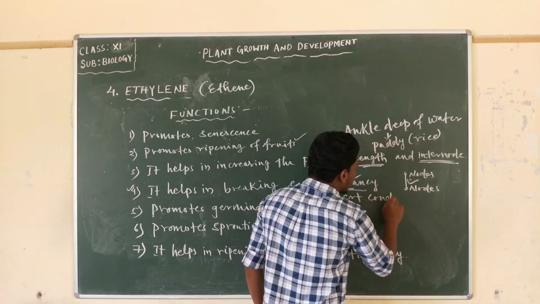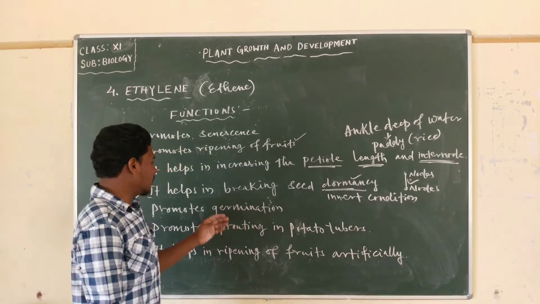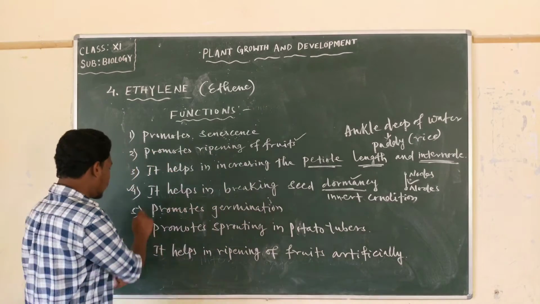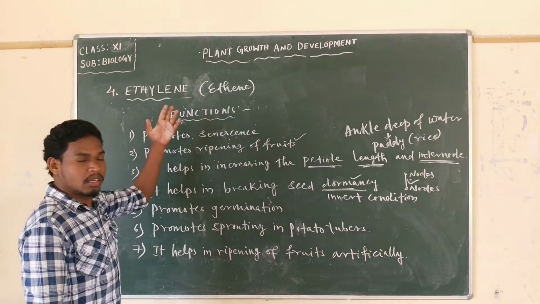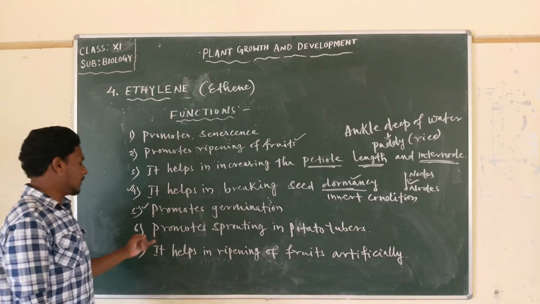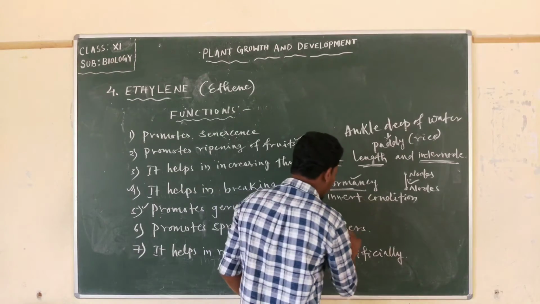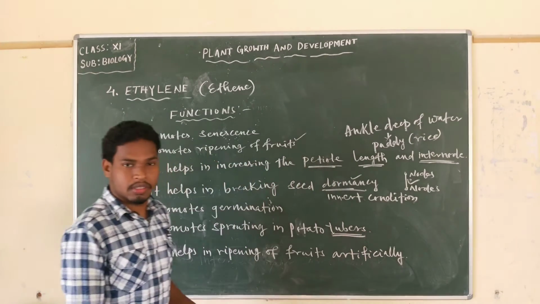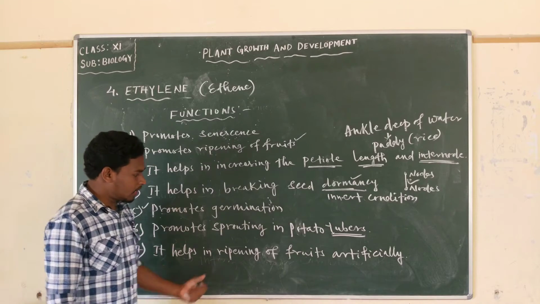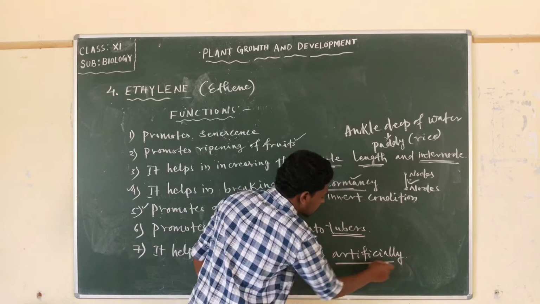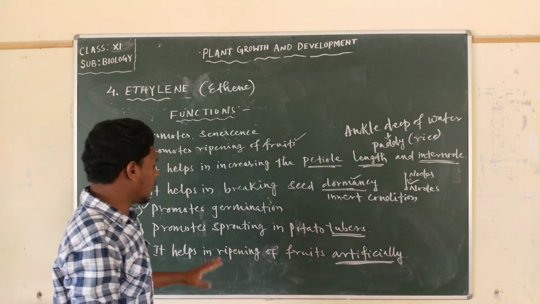After breaking this inert condition of the seed, the seed is going to germinate, and it also promotes germination of the seed, which is done by the phytohormone ethylene. The next function is that it promotes sprouting of potato tubers, and it helps in ripening of fruits artificially.